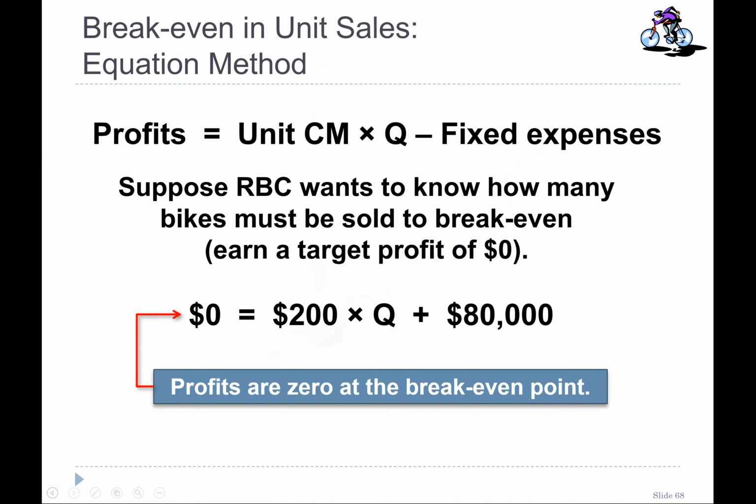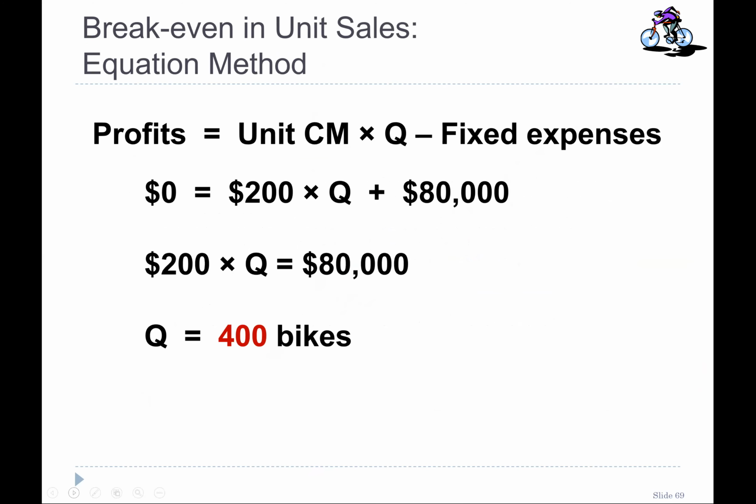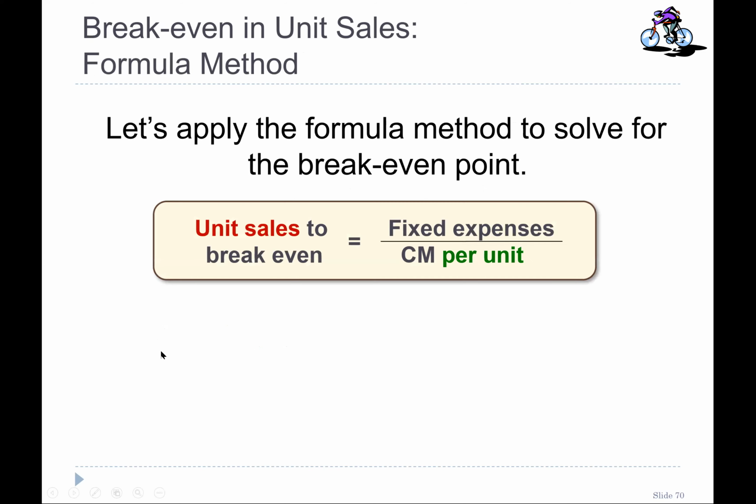So if you solve for Q, answer will be again 400 bikes. So this also gives you the formula method. It is the same one because target profit is 0. And if you want to find out dollar sales, then just replace the per unit CM with CM ratio.